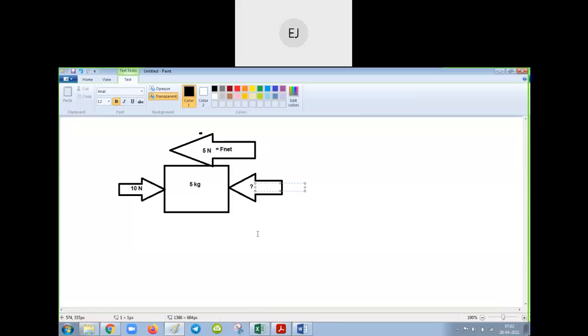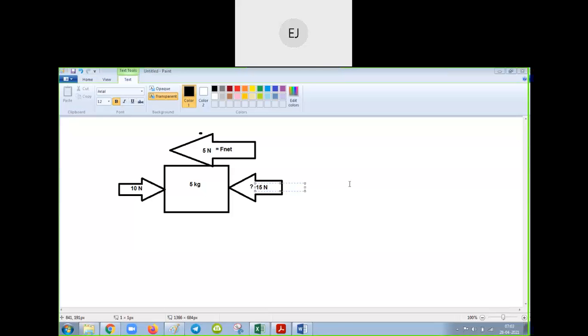It should be 15 Newton. 10 Newton right and 15 Newton left. So net force is 5 Newton. So 5 Newton force is the left side net force. Then you will get the acceleration also left side only, 1 meter per second square.